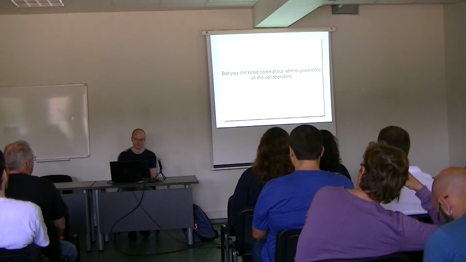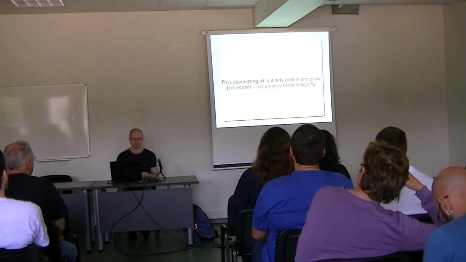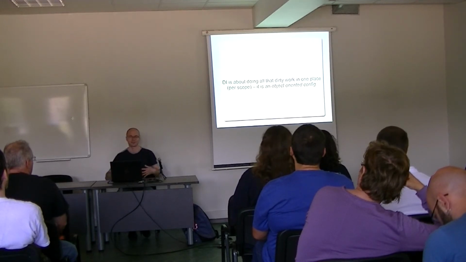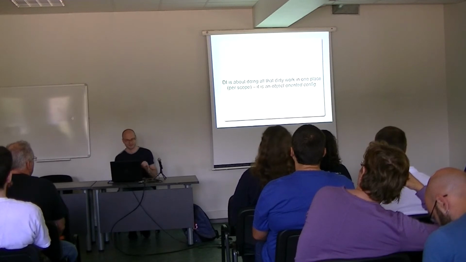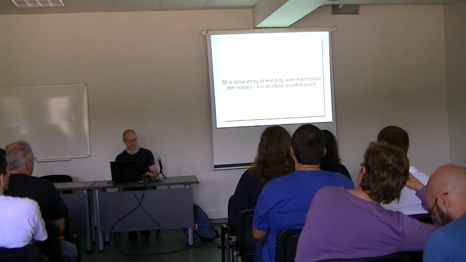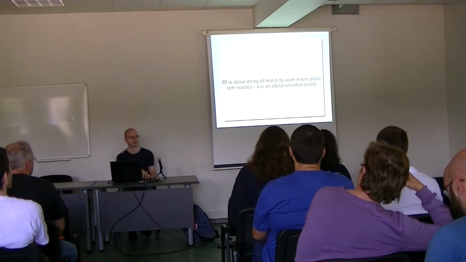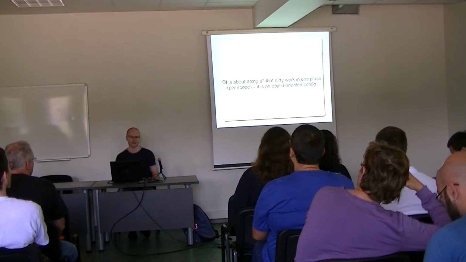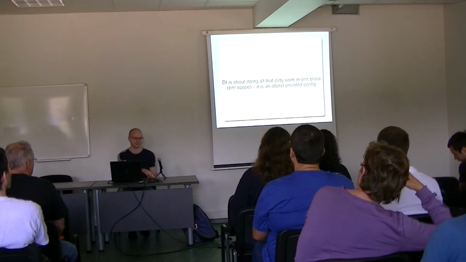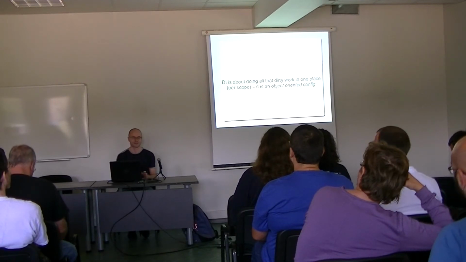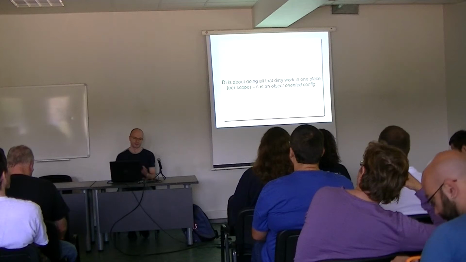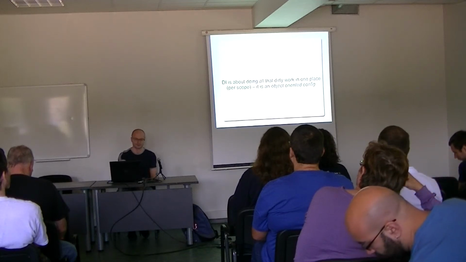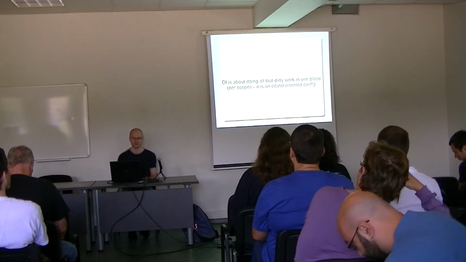In my opinion, this is really the core of what dependency injection is about. You do all this object creation in one place, basically one place per scope, which we shall talk about later.